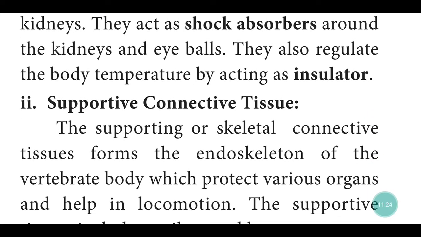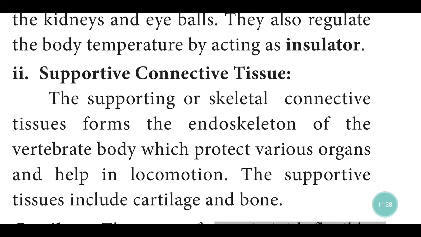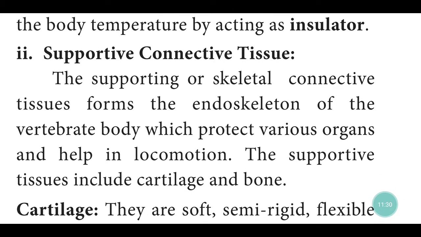Next, supportive connective tissue. Supporting our skeleton. Without the skeleton, we can't walk, we can't sit. It supports us to stand and sit and to do some work. These tissues form the endoskeleton. What is endoskeleton? Endo means inside, skeleton means bones. Skeletons are inside our body, not outside.